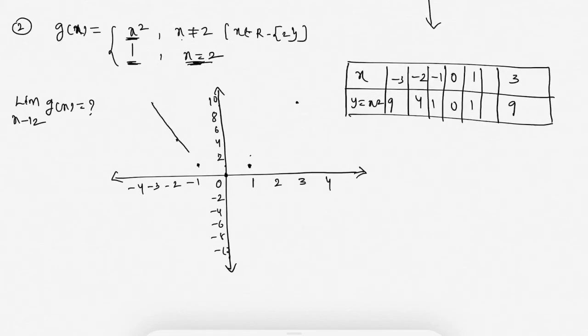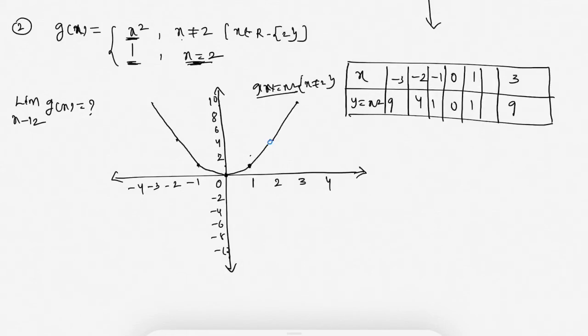At every point g of x is defined. g of x equals x square is defined at every point except at the point 2. At x equal to 2, g of x is not x square; it is x square for x not equal to 2.